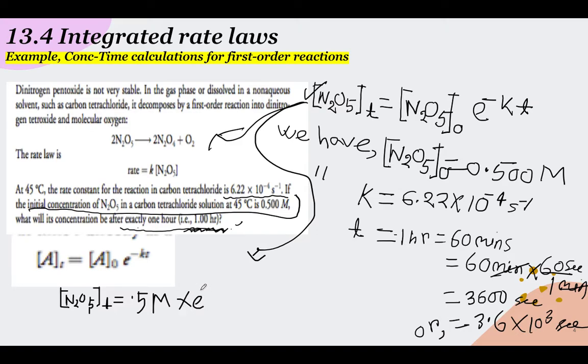If we put in the minus, this k value and the t value, then I will get the final exponent, minus 2.39. You can do this calculation and also look in the book, page number 645.